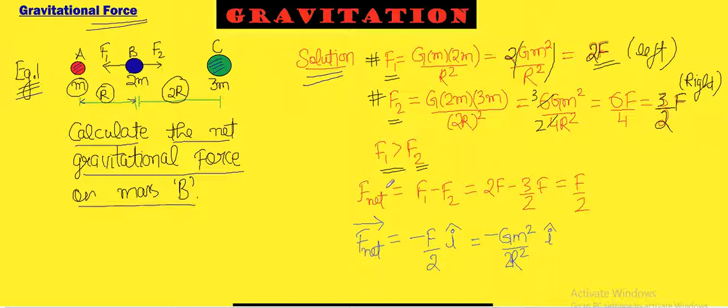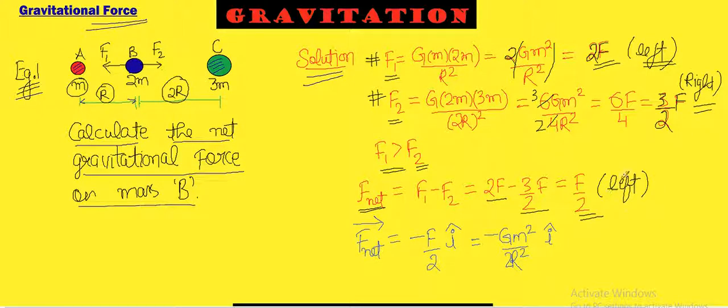Now the final result, net force. Because F1 is larger than F2, net force will be F1 minus F2. That will be 2F minus 3 by 2 F, which gives us F by 2. Now this is not the end of the question. You should write that it is towards left, because the leftward force was greater than the rightward force.